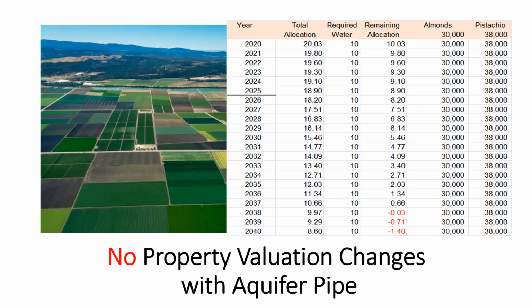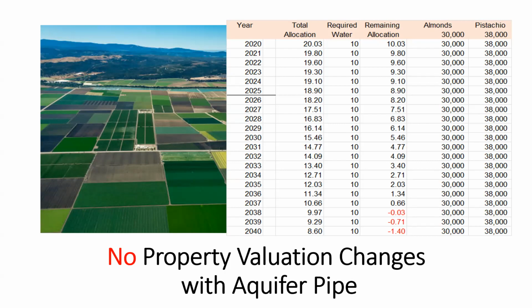With aquifer pipe, we only require 10 acre inches, so you continue that full valuation of your property from now until 2038. But our plan is that you can use the same infrastructure for recharge.